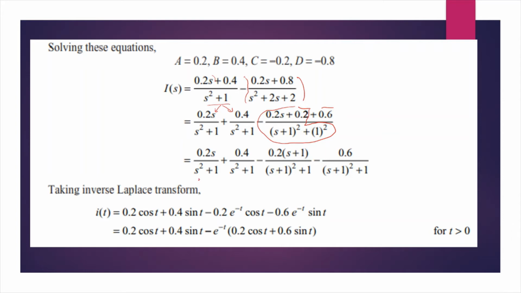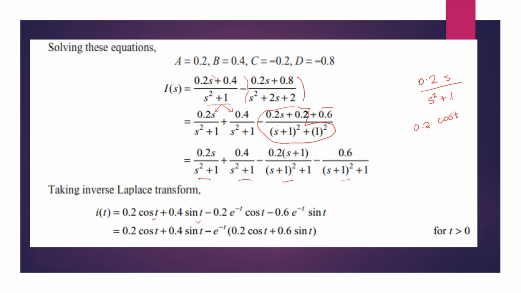Now let's take the inverse of each of these terms. 0.2 s by s squared plus 1 can be written as 0.2 into cos t. Then this will become 0.4 into sin t. For the next term, if you just take 0.2 s by s squared plus 1 without considering the shifting by 1, then the inverse of that is 0.2 into cos t.